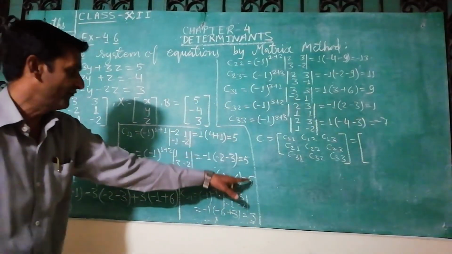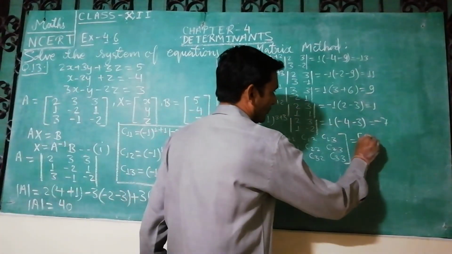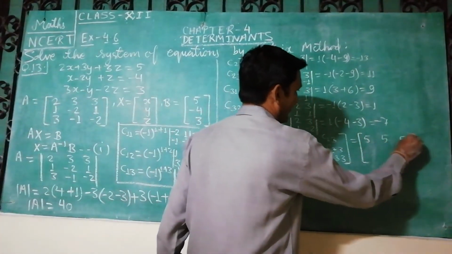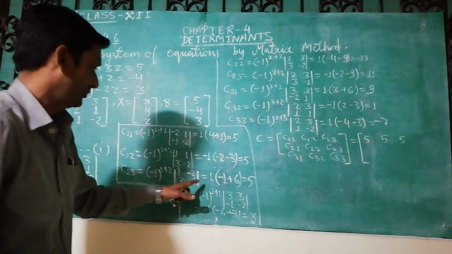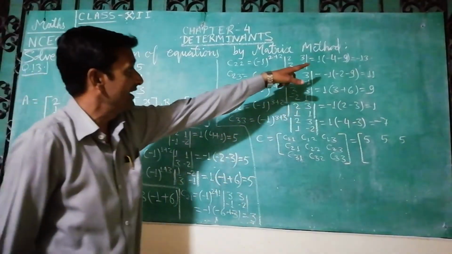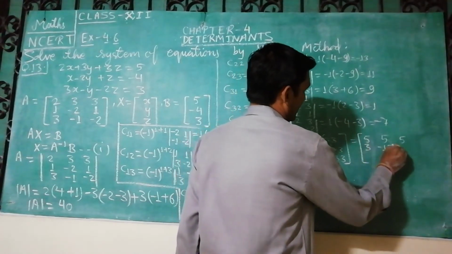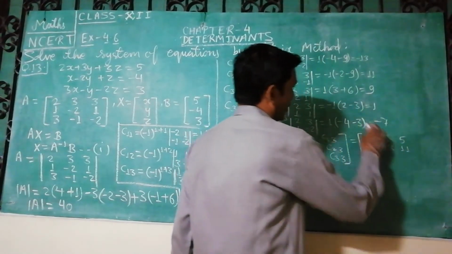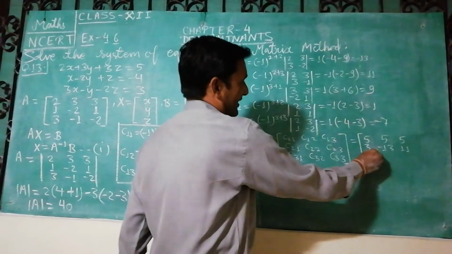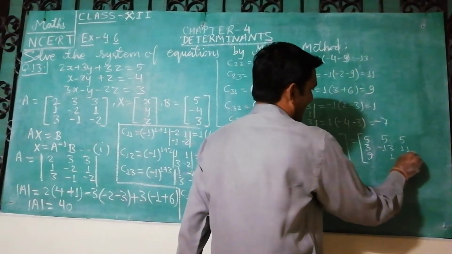See, 5, 5, 5 in the first row. In the second row, 3 minus 13, 11. In the third row, 9, 1 minus 7.